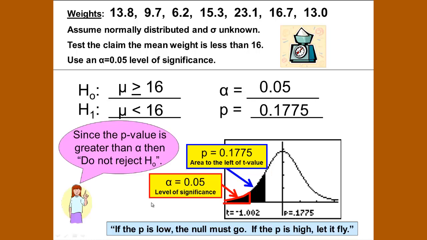Since the p-value is greater than the alpha, we do not reject H0. Since the p is high, we'll let it fly. We do not reject. The p-value tells us that this is an ordinary value. It is not unusual. Since it is ordinary, we do not reject H0.